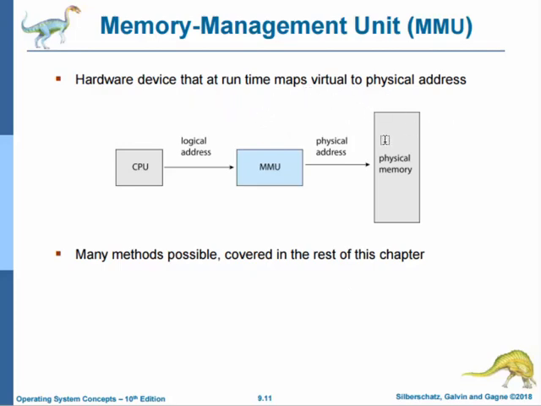Basically, the logical addresses will be mapped to their physical addresses before proceeding to the physical memory. There are many possible methods to do that, but for the time being, we illustrate this mapping with a simple memory management unit scheme that is a generalization of the base register scheme.